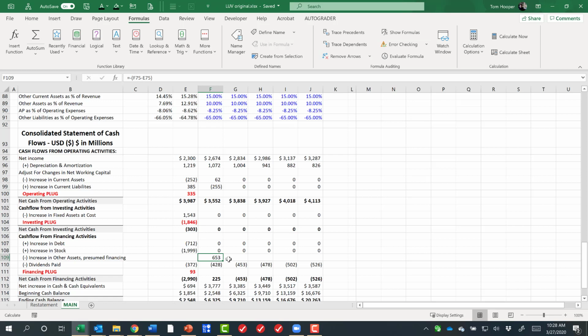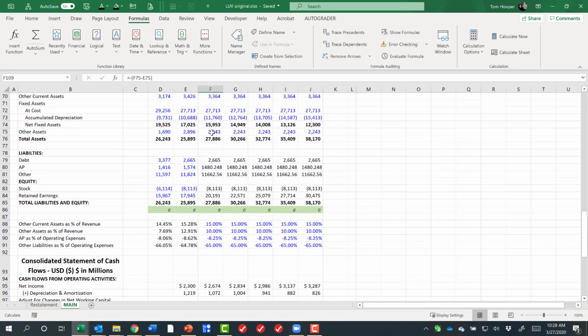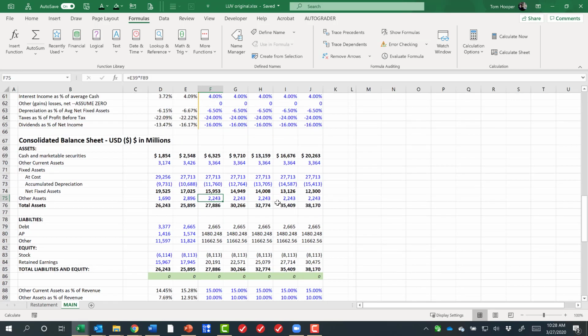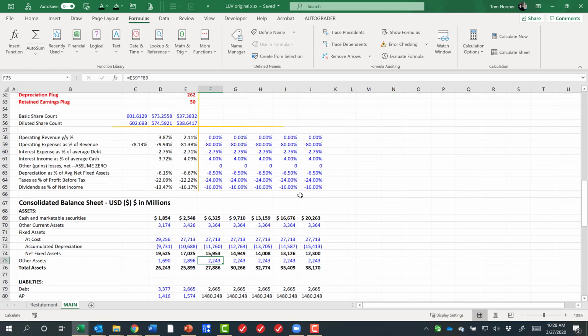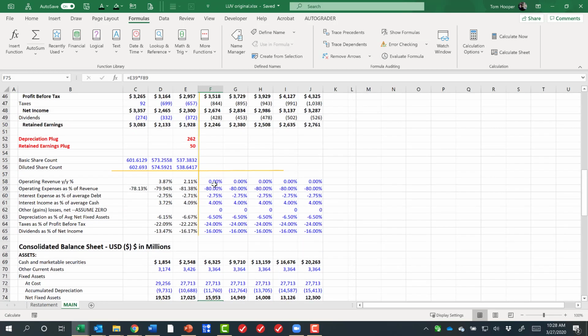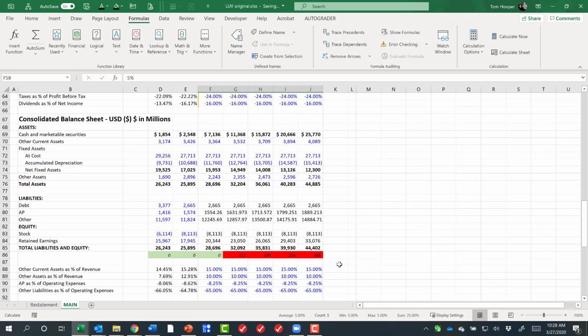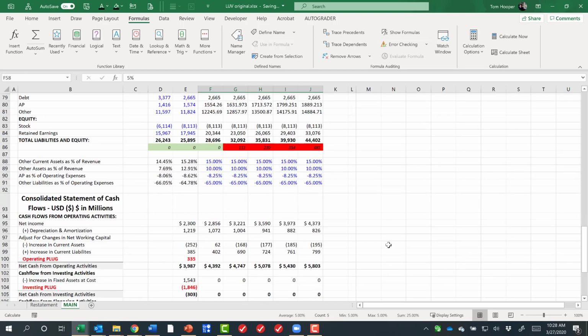Now, it's encouraging that I'm in balance from here on out. I only changed 1 year. But notice that's because these other assets that have been our problem are not changing in future years. And so let's come up to the revenue, which drives them, and say we're increasing every year. Then I only fixed 1 year of balance.